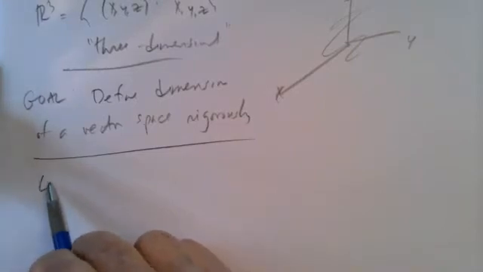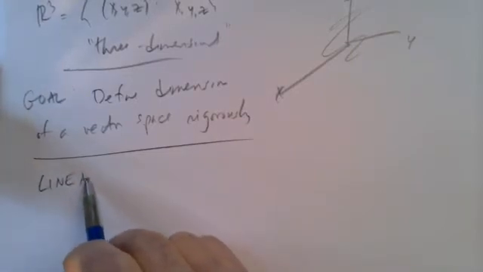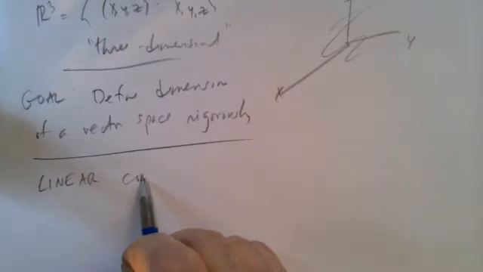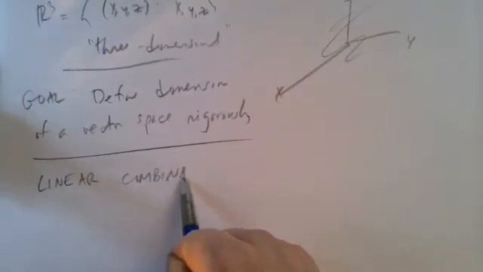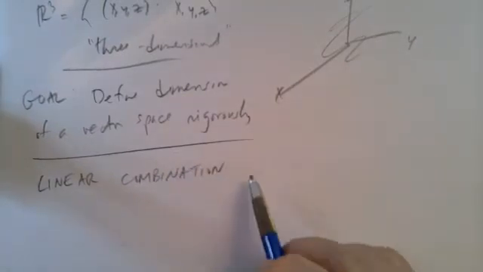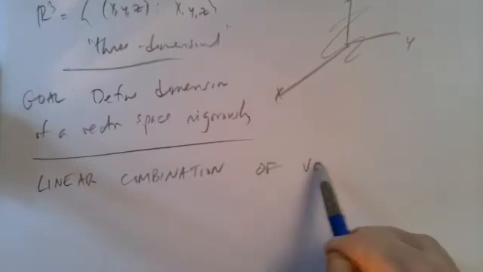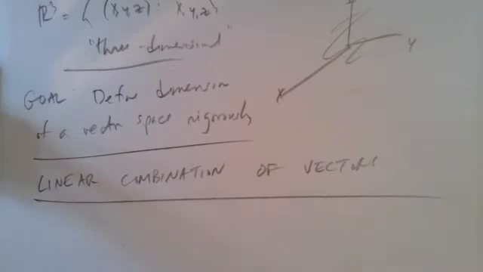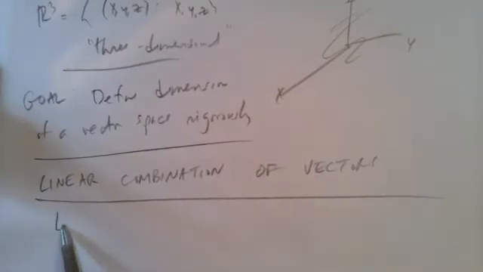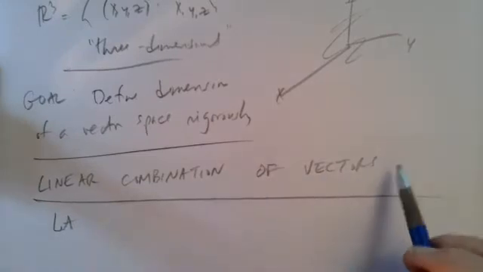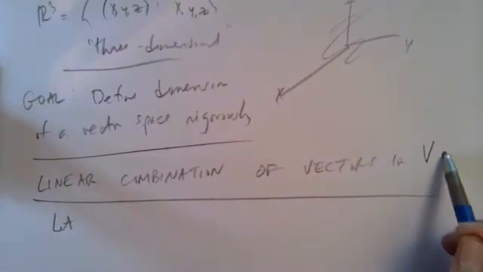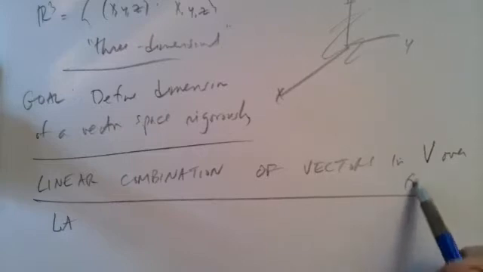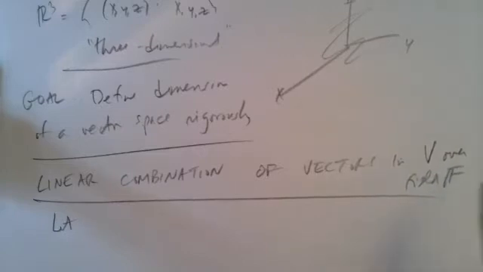And the first is, what does it mean to talk about a linear combination of vectors? Well, suppose we have a vector space V over the field F.